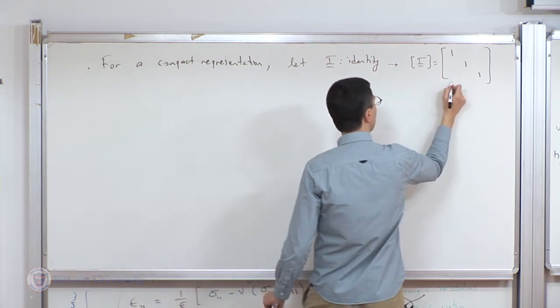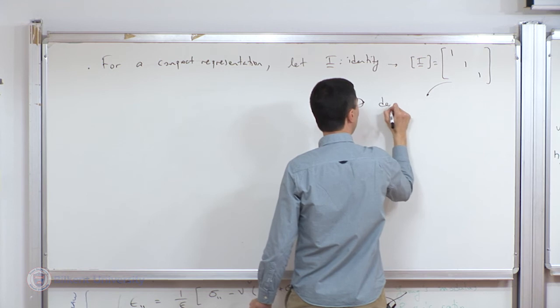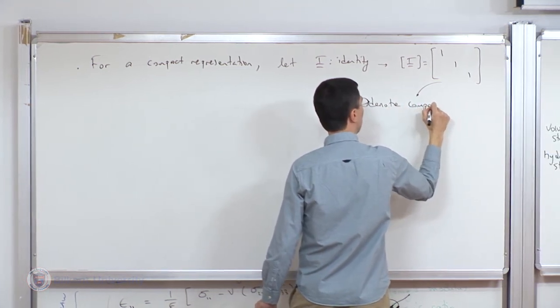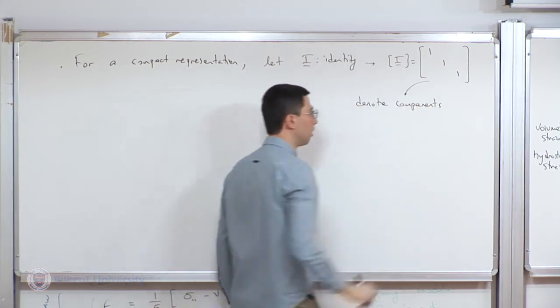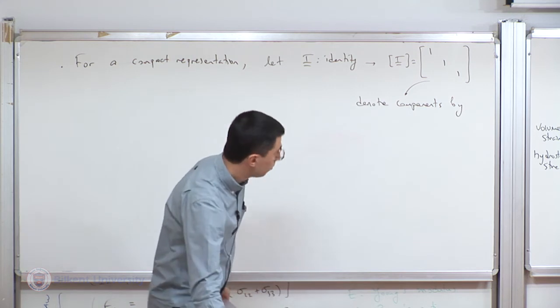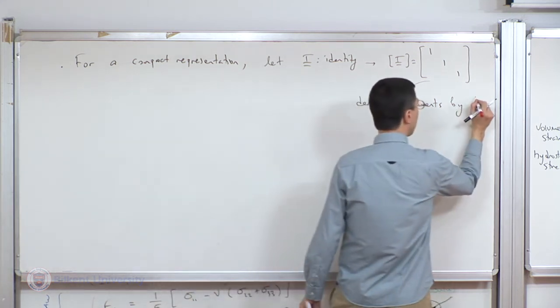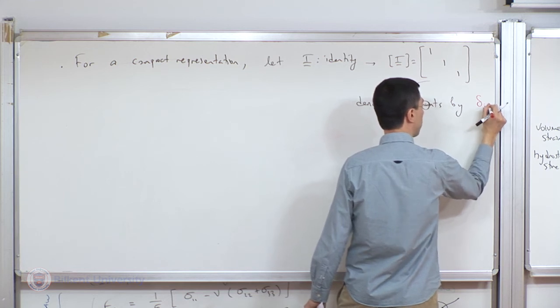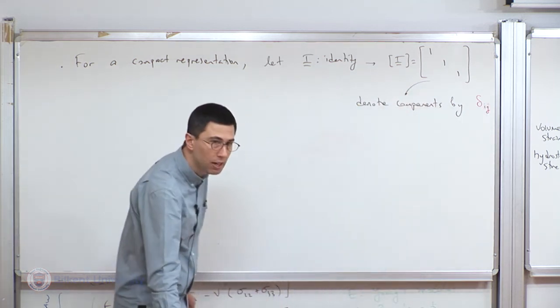And now let's also indicate the components by not ij, but let's pick a particular notation, delta ij.